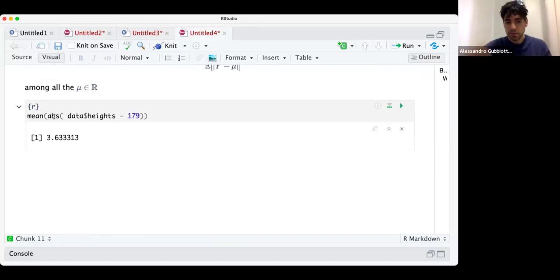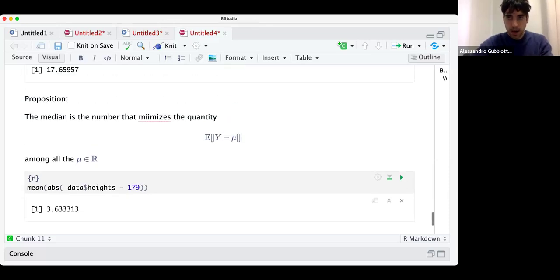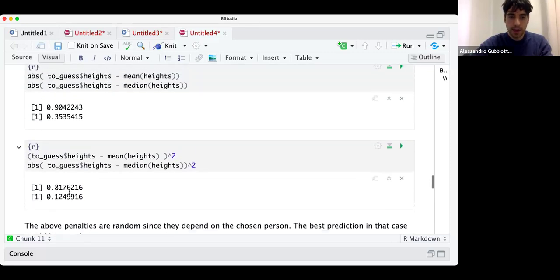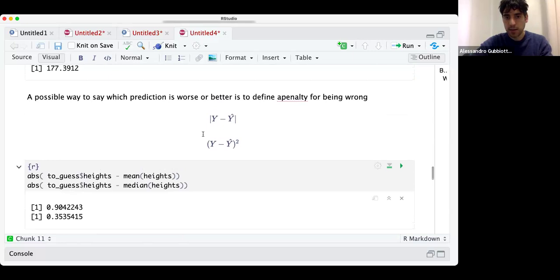So the penalty you pay gives you the prediction. And by the way, this also explains why the median is less dependent on the outliers, because you pay less. With this function, if you have an outlier, you pay the square.